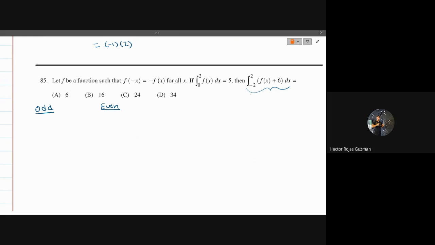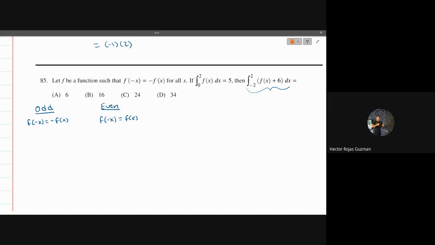The algebraic condition for an odd function is what's given to us. If you plug in a -x everywhere you see an x, you can simplify and basically just have a negative version of the function. But for an even function, when you plug in a -x, you still get f of x.